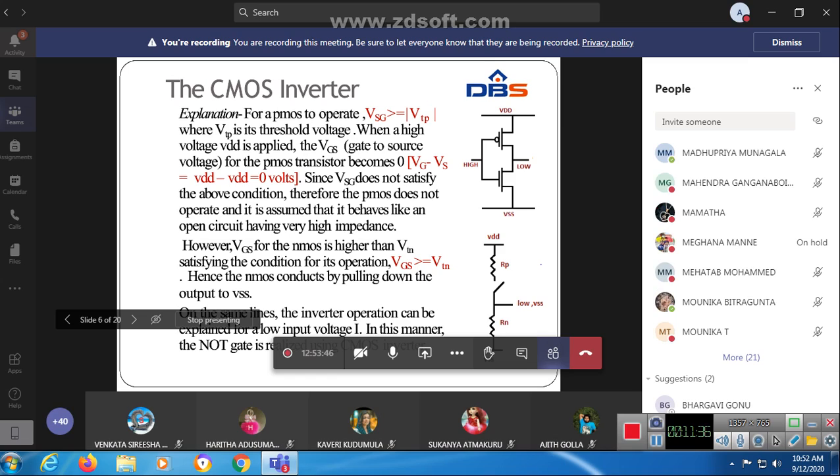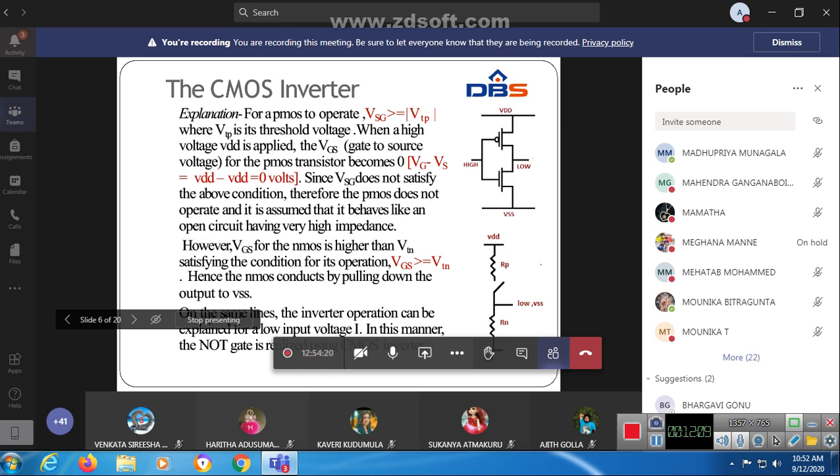At the same time, the NMOS transistor will be connected to the ground connection. Ground value is nothing but low, so the output of the inverter is low. So the inverter functionality is implemented: we give the input as high, but we get the output as low. So this is condition 1.